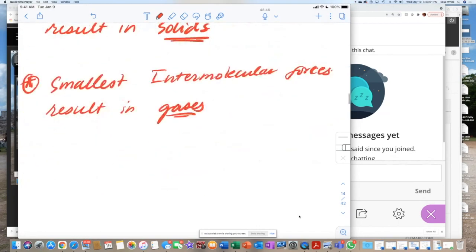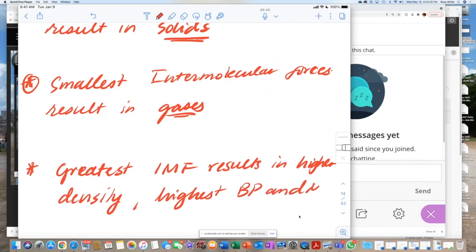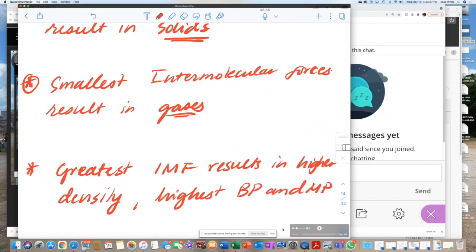Okay, what about melting point? Greatest, I'm going to abbreviate, intermolecular force results in higher density, usually higher density, highest boiling point, and melting point. Okay, so I'm trying to abbreviate things because I'm trying to get through this part quickly.